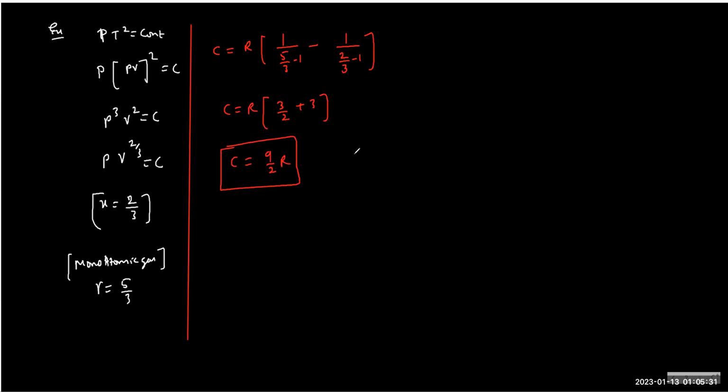Sir, in the second and third equation, it would just be like a constant, right, sir, the C? See, for any polytropic process, you are going to get C always as constant. That was the assumption with which we started the derivation, right?